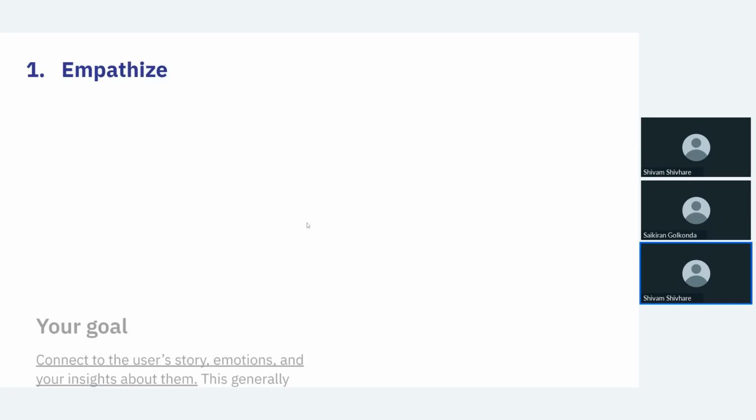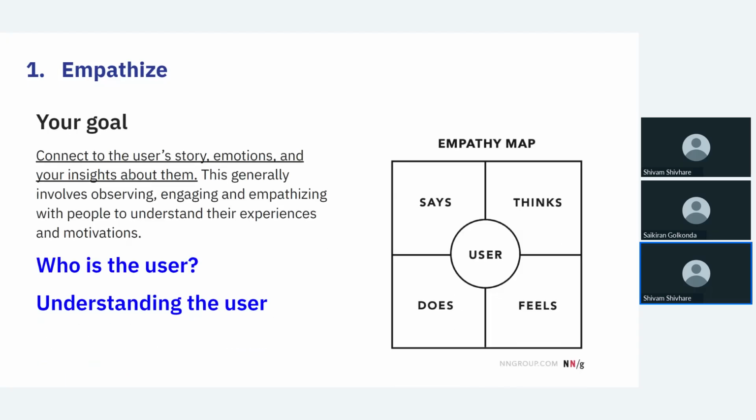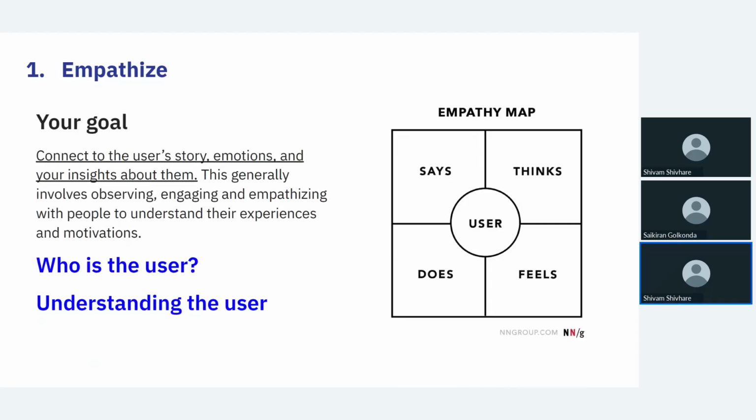Clear? That is empathize: understanding the user properly. You can see the empathy map also. When the user says something, you need to think and feel about that, so that if it is very relevant, you can build something on that, right?